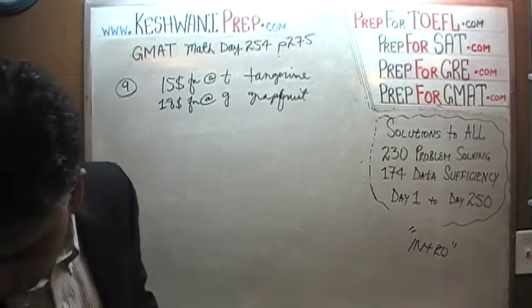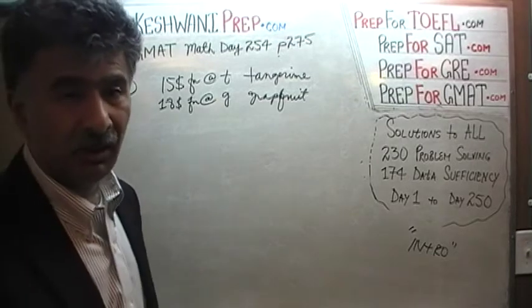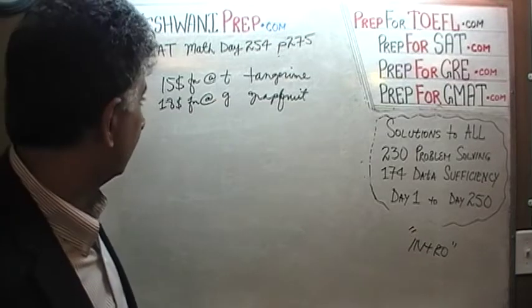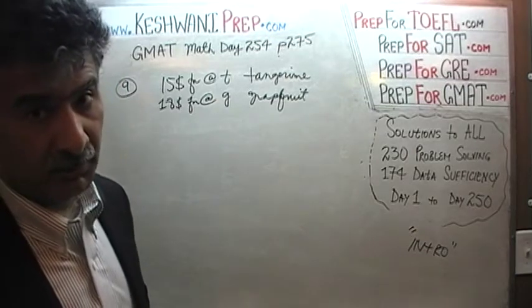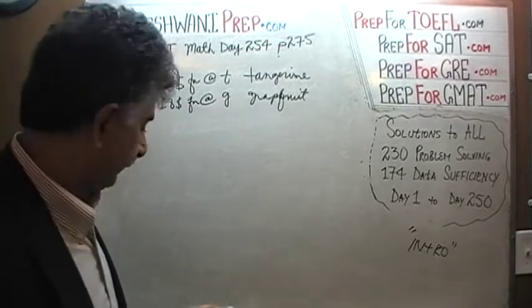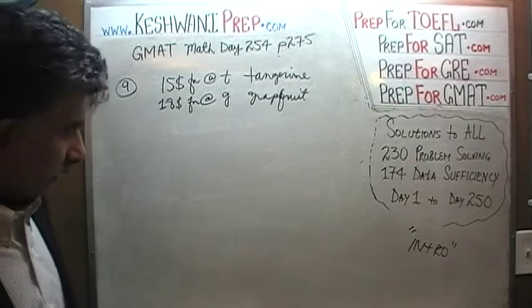I think in the problem they talk about different fruits, oranges. I don't want to use oranges because I don't want to use the letter O for oranges, it will be confusing. So we're going to grow not oranges but tangerines. They're yummier, do you understand? Tangerines and grapefruit. We're getting $15 for each tangerine and $18 for each grapefruit.